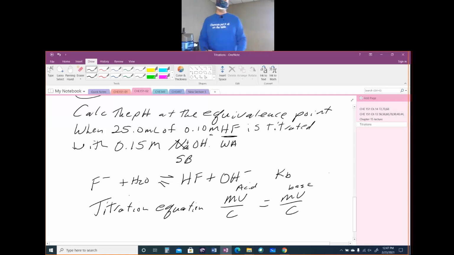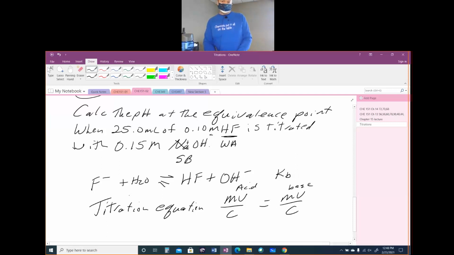If you're doing MV is equal to MV, which we did before, that is acid on one side and acid on the other side. And then you would do MV is equal to MV, base on one side, base on the other side. That is not a titration, that is a dilution. This is a titration, acid on the left, base on the right.